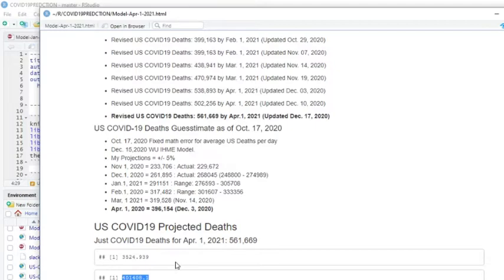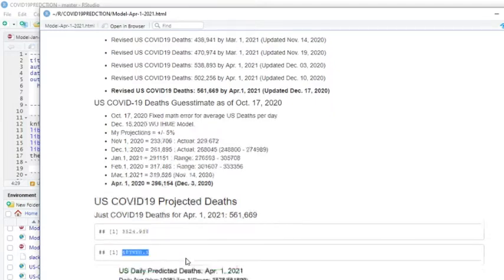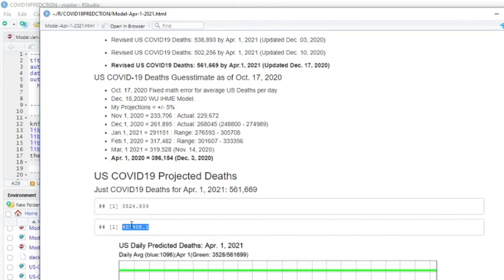It doesn't take into account cumulative numbers. Doesn't take into account face masks or vaccines. This is if nothing really changes between now and April 1st. Now, honestly, I don't expect a lot to change between now and April 1st. Okay. So anyway, at the current 1,096 rate, the projection model is 410,408.